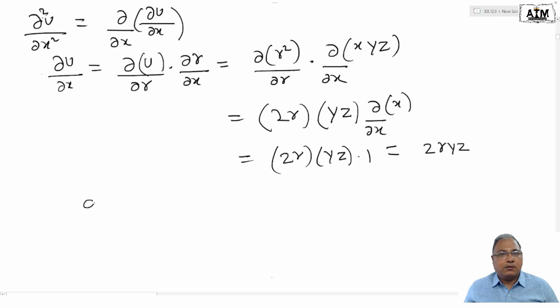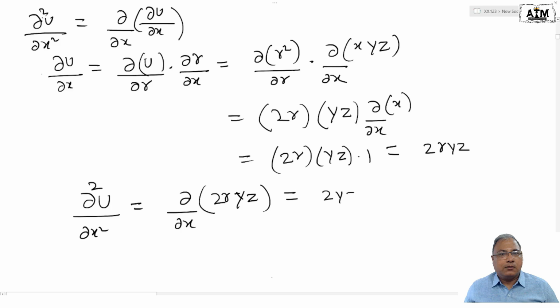Now, to find the second derivative, del 2u by del x2, we need to differentiate the resulting 2ryz again with respect to x. Here y and z are constant, so 2yz is taken out of the operation. Now the partial derivative of r with respect to x: r is nothing but xyz.